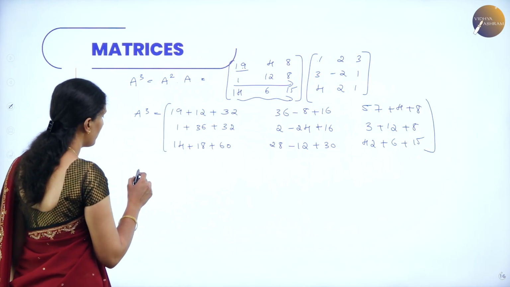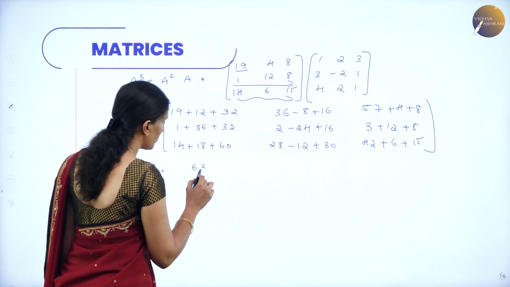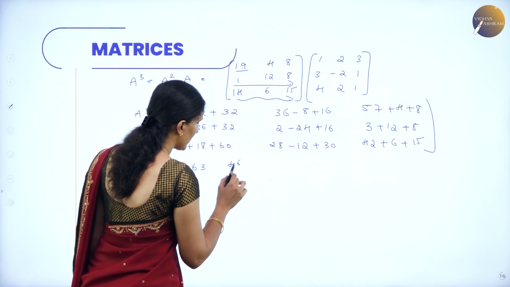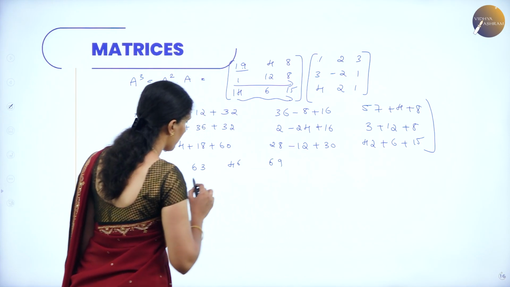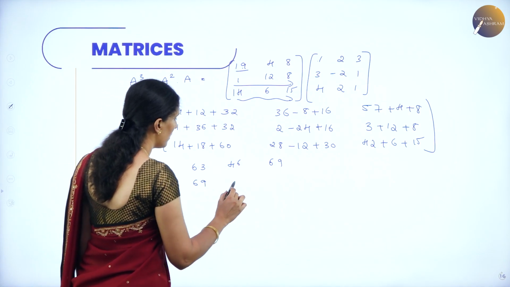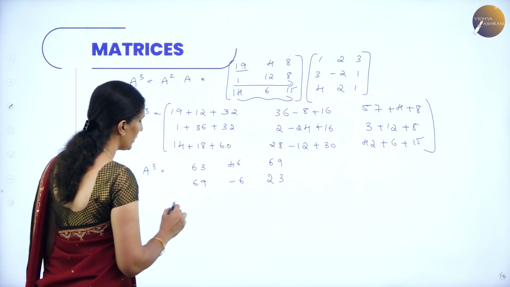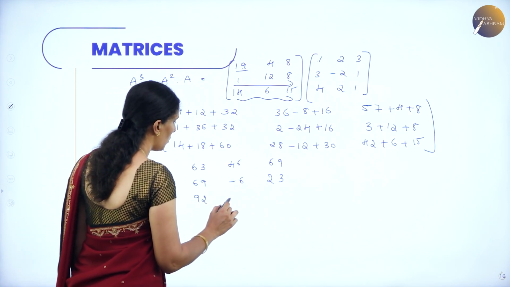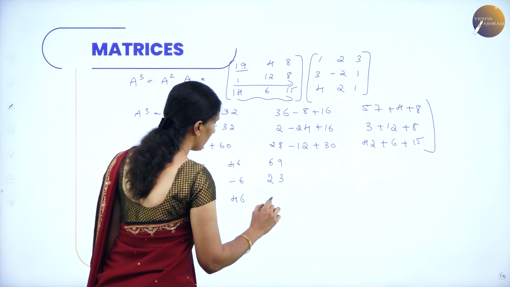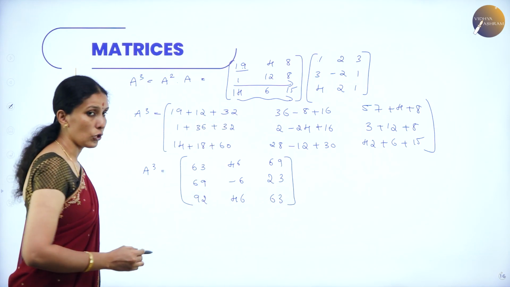So, when you add this matrix, we get A cube is equal to 63, 46, 69. And next row we have 69 minus 6, 23. And the next row we have 92, 46, and here we have 63. So, thus we have found A cube.